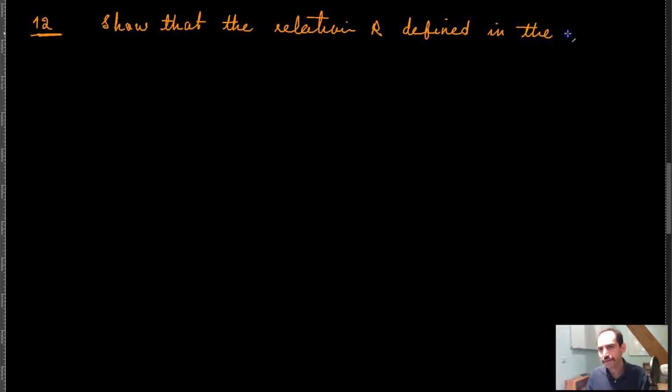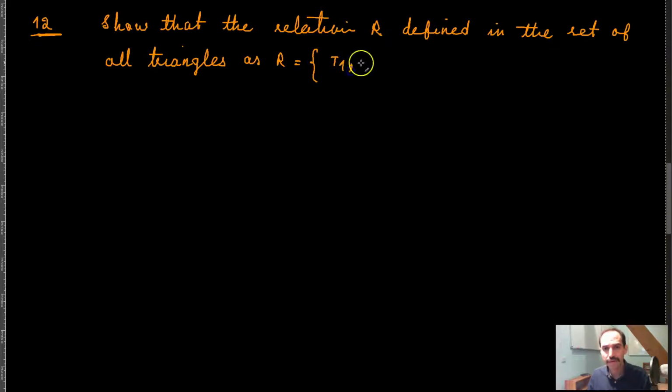Show that the relation R defined in the set A of all triangles as R is equal to (T1, T2).